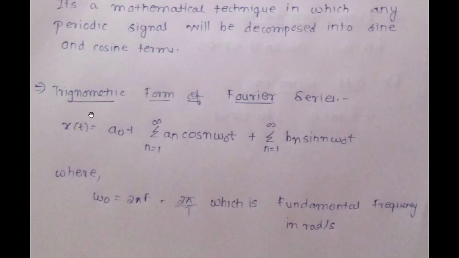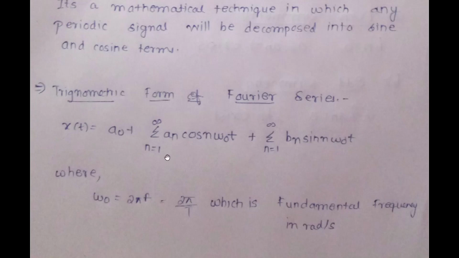So a periodic signal x of t can be written in the form of a constant A0 and coefficients An and Bn, where n goes from 1 to infinity, with cos n omega naught t and sin n omega naught t.